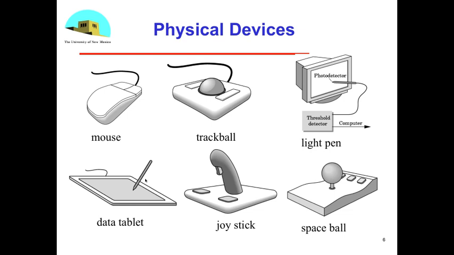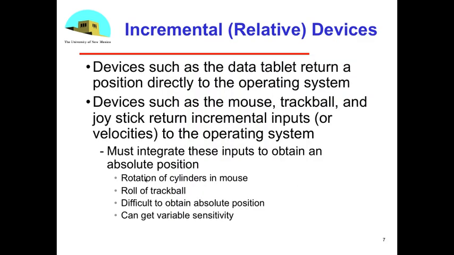But the main difference that I want to focus on for a minute here is the difference between these incremental relative devices like the mouse and the trackball and devices like the touchpad, which are absolute positioning devices. Another point we should make here is that what a lot of these devices return is not position information, but kind of velocity information.